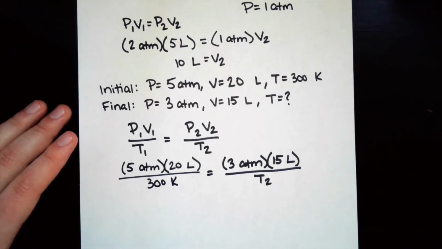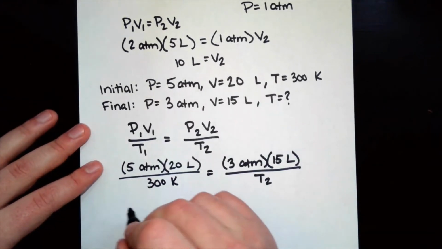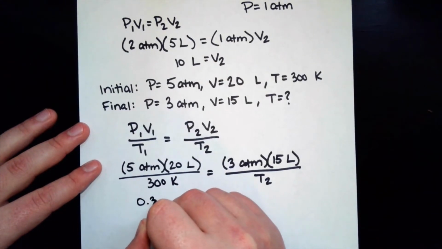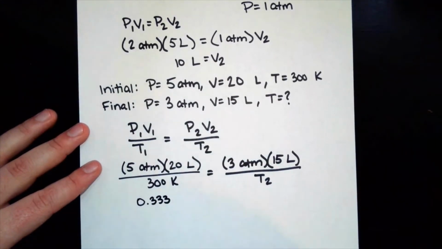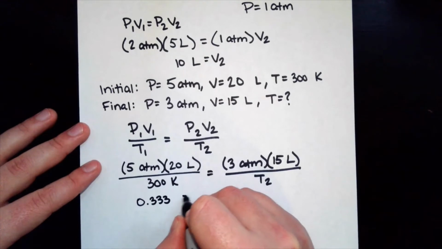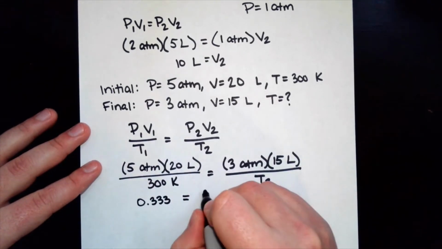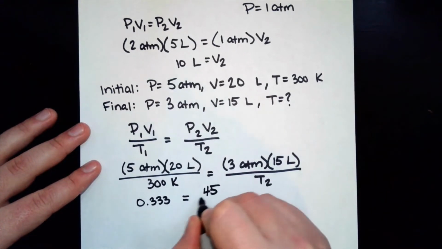So 5 times 20 is 100, divided by 300, of course, gets us 0.33 repeating. So that's equal to 3 times 15 is 45 over T2.